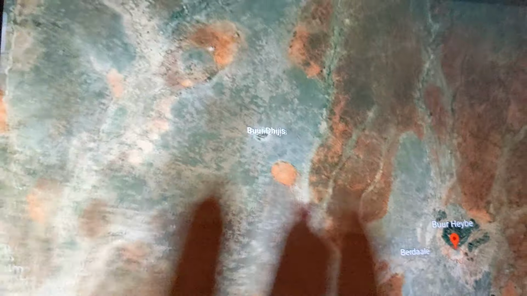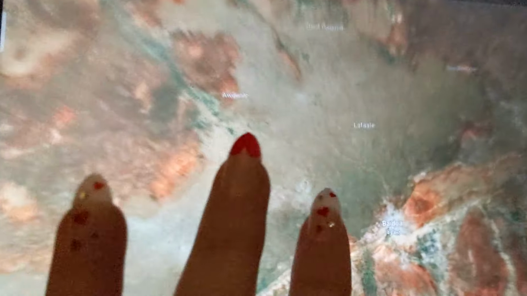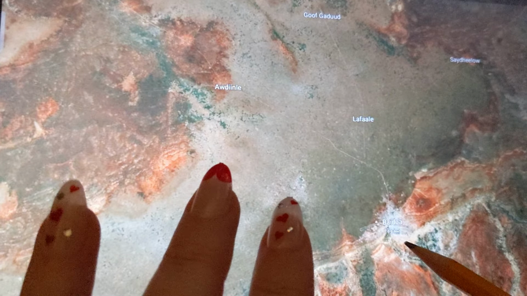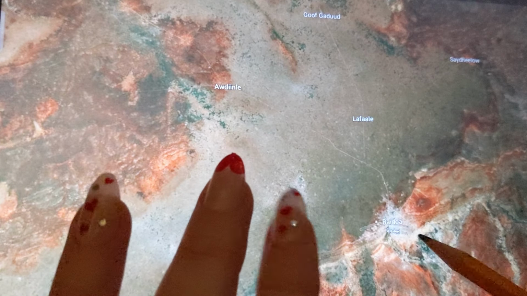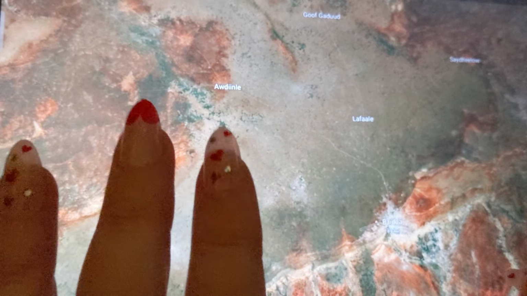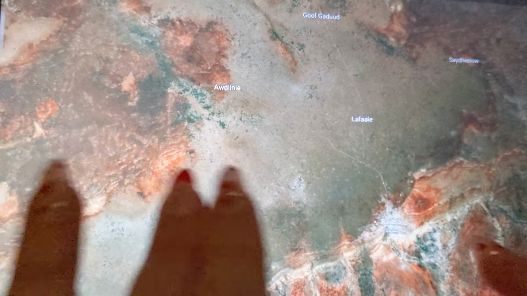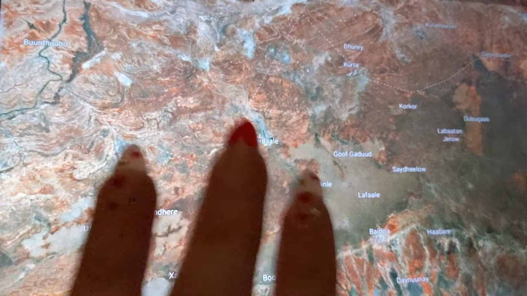We do know that Baidoa was established by a people group known as the Madanle. They were a culture that were best known for digging wells, for finding the water under the ground, the aquifers, and digging wells.